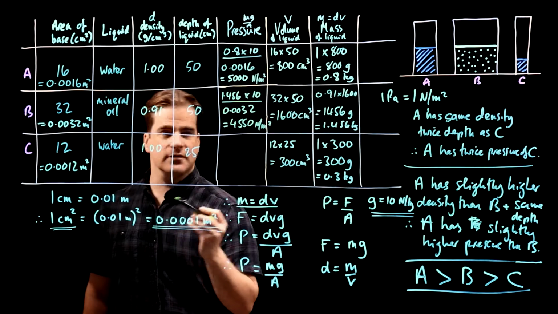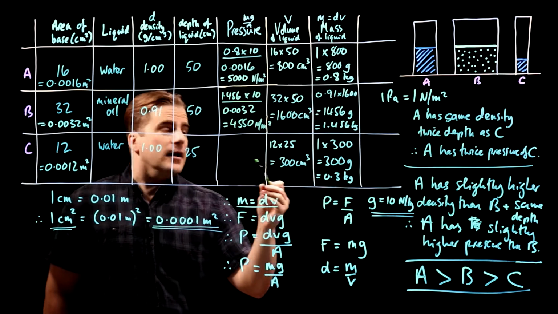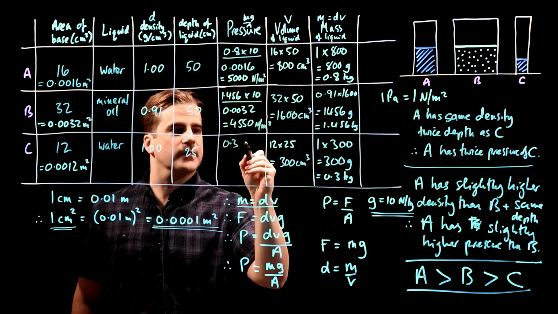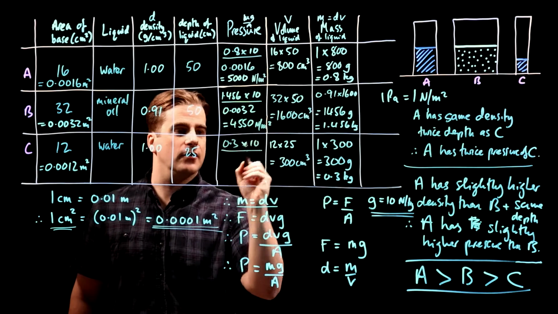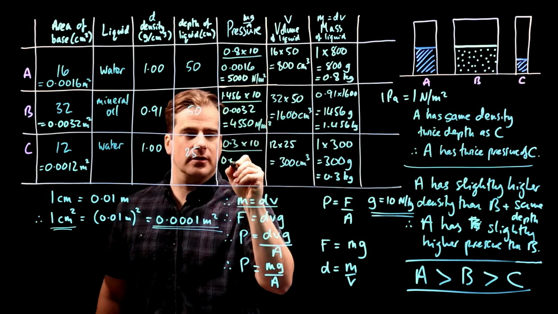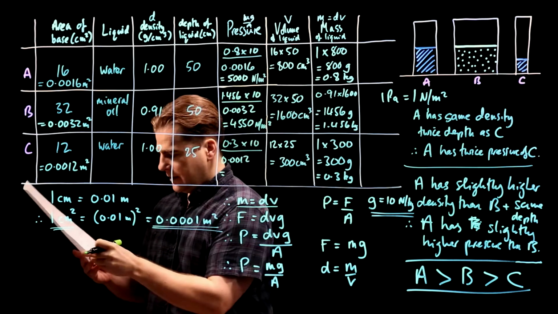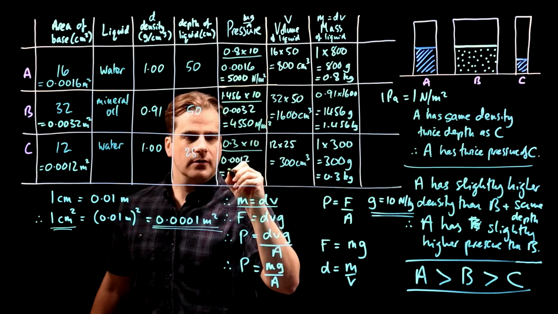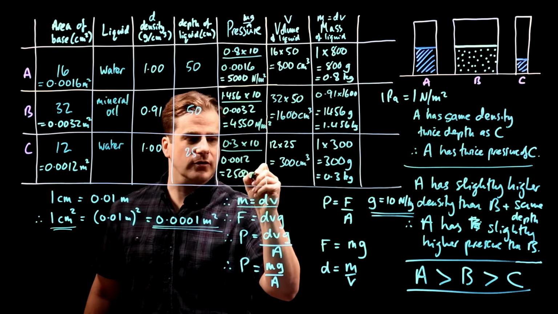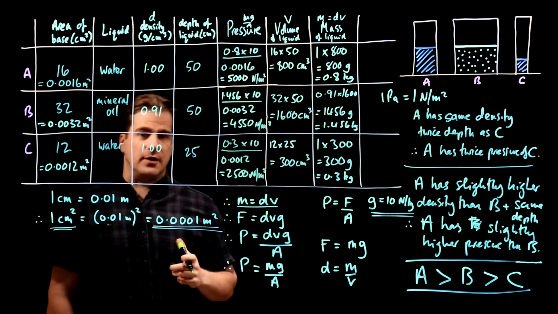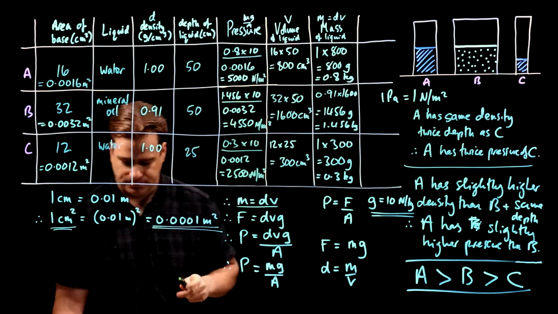Good. For C, mg over A, mass is 0.3 times g, which is 10, over area 0.0012 metres squared, and that turns out to be 2,500 newtons per metre squared. And we've done it.